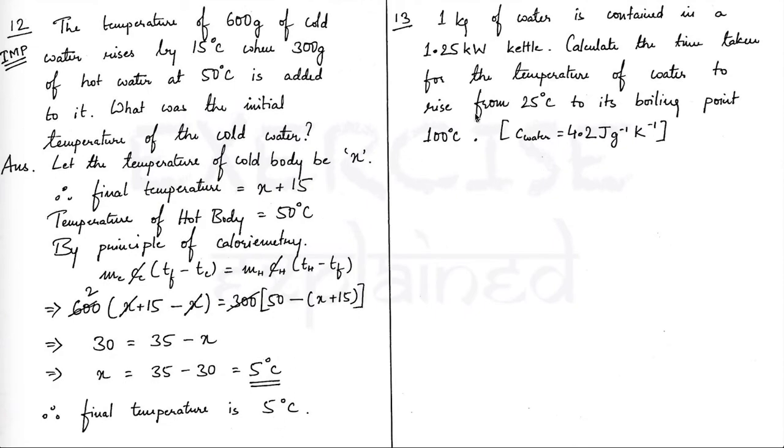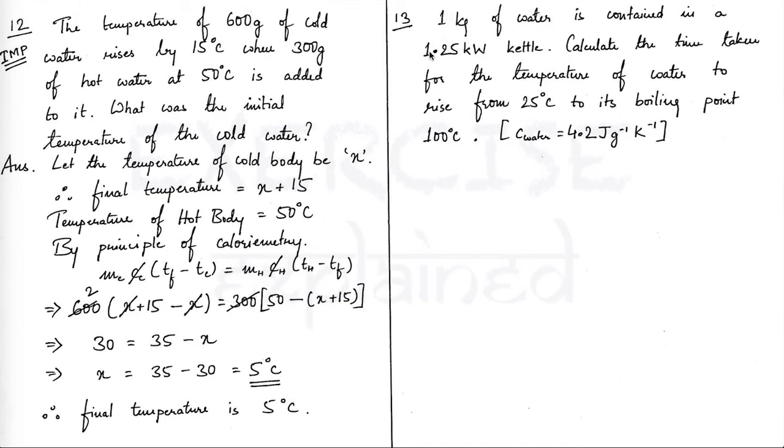So coming to question number 13 of Calorimetry exercise 11A ICSE 10th. 1 kg of water is contained in a 1.25 kilowatt kettle. The mass of water is given as 1 kg.